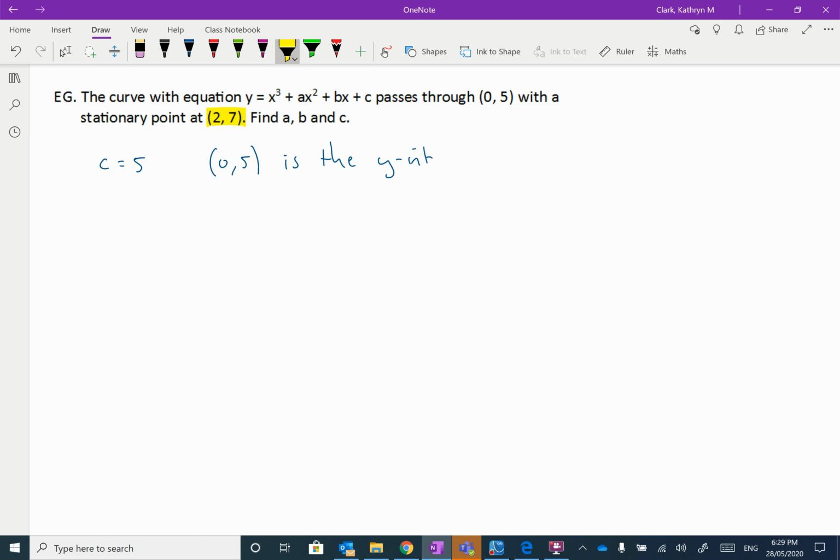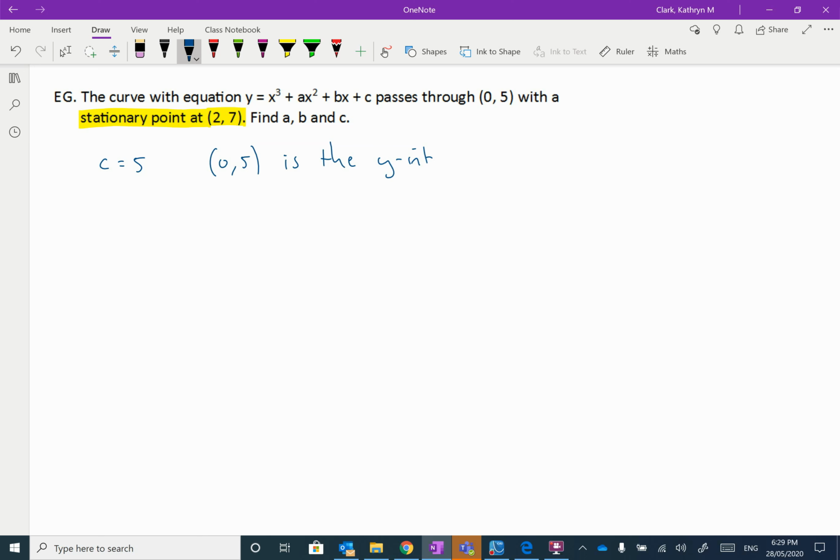But we're also told that I have a stationary point at this particular coordinate, which means that I've got information about what the gradient is doing at that point. So if I have my derivative function, I can take that information, substitute it into my gradient function, and then set up a second equation.